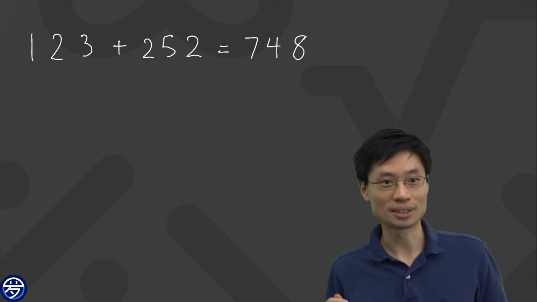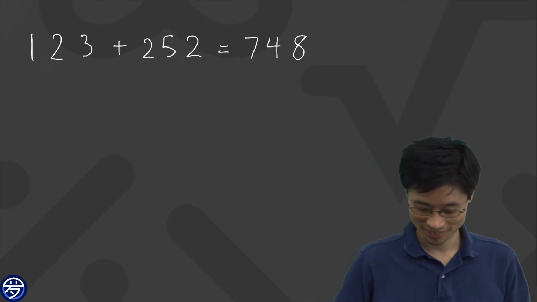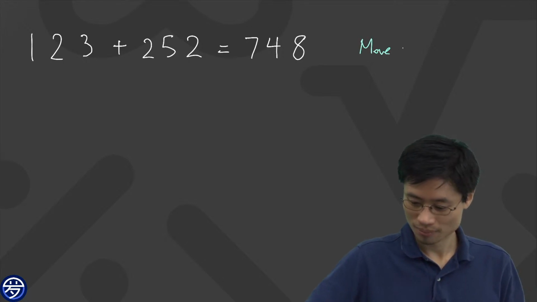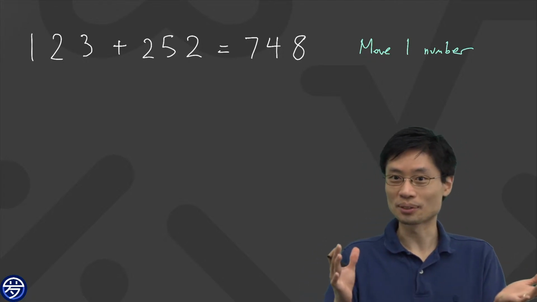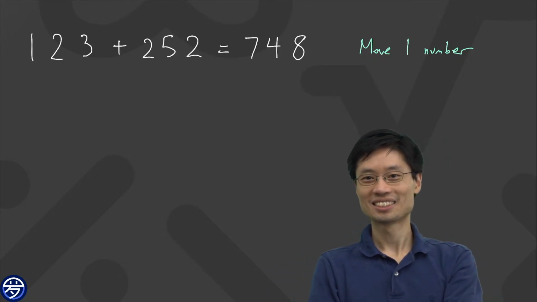It doesn't, but what Jenny said is move one number and fix it. So after we move one number, this is supposed to be a true statement. Really? All right. Challenge accepted.